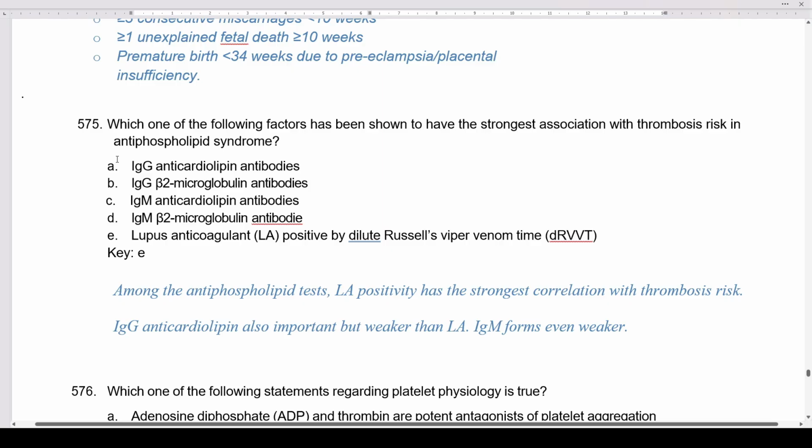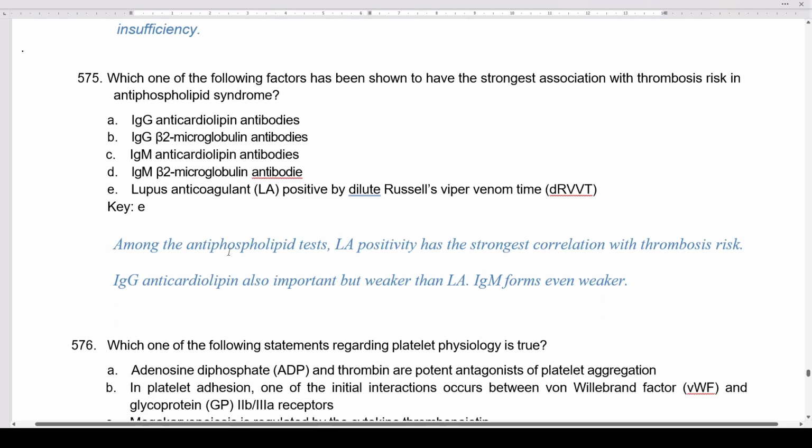The one with the strongest association with thrombosis is the lupus anticoagulant. Among the antiphospholipid tests, lupus anticoagulant positivity has the strongest correlation with thrombosis risk. IgG anticardiolipin is also important but weaker than lupus anticoagulant.